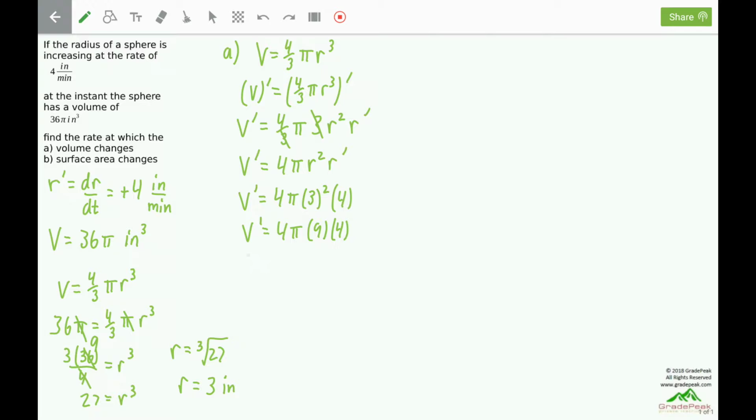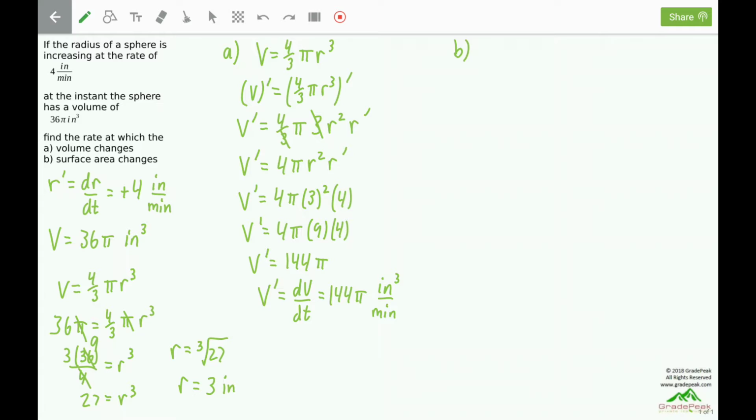So we have v prime coming out to 4 times a 9 is a 36, times another 4 will come out to 144 pi. So v prime, or dv/dt, is 144 pi, and its units are volume, which is the cube of the length unit, we're in inches here, over time, which is in minutes here, so inches cubed per minute. Came out to a positive number, so the volume apparently is increasing here.